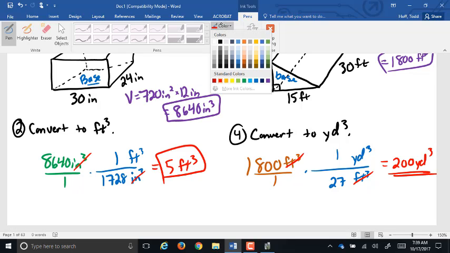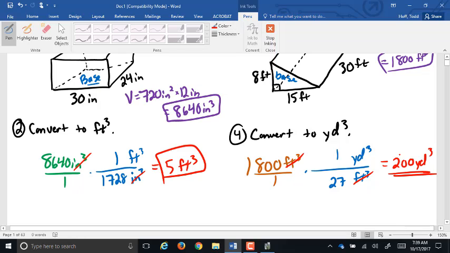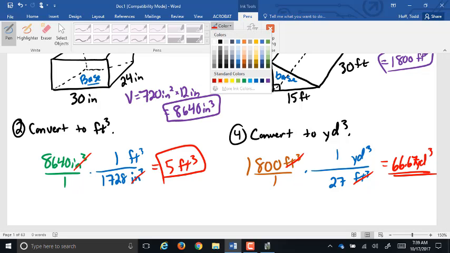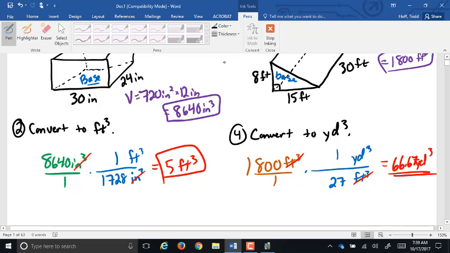Does that look right? I was going to say 66.67. 66.67 cubic yards. 8 divided by 9 instead of 27. Okay.